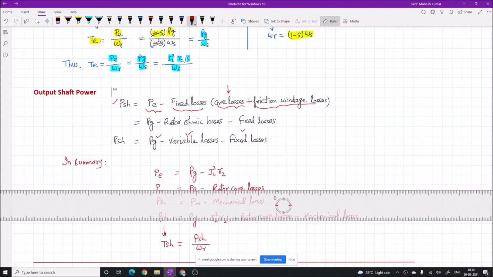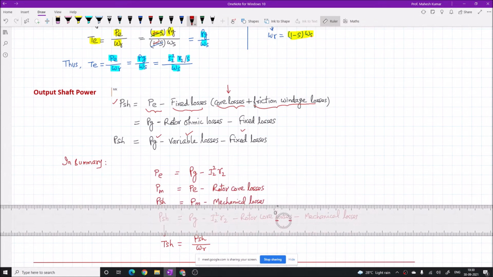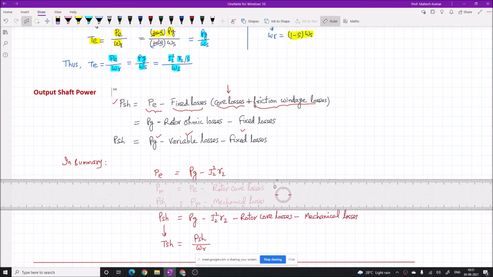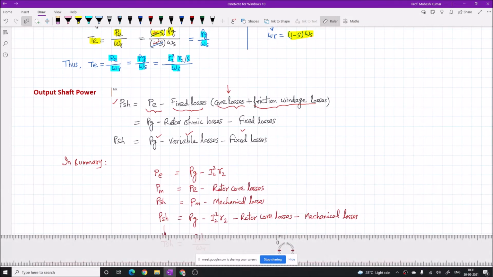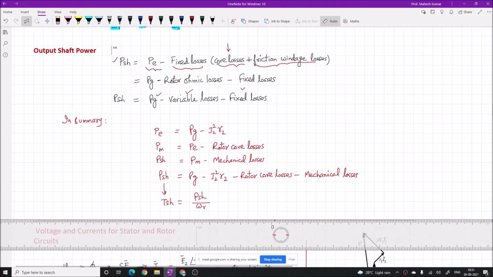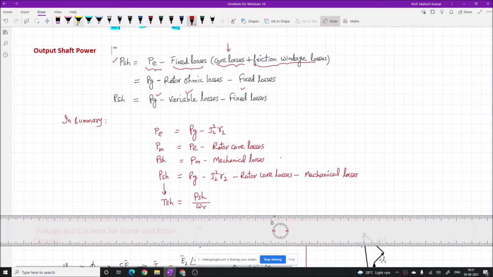And further we can go from the shaft power to the shaft torque. So we can see once more that PE is given by PG minus I2 square R2, the first term. Then Pm, the mechanical power, is given by PE minus rotor core losses, and P shaft is given by Pm minus mechanical losses.